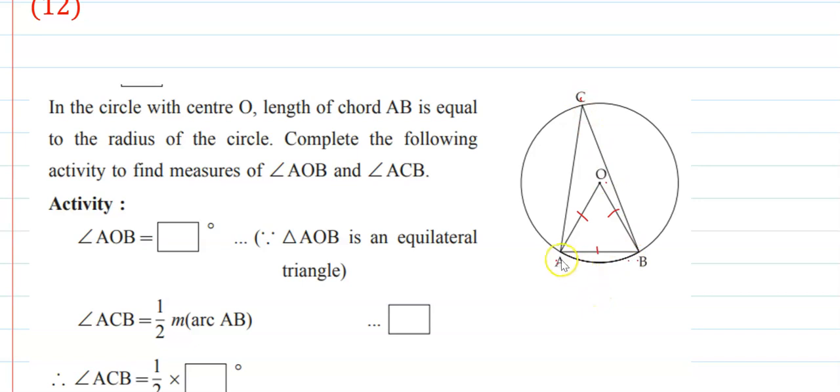Now the first, as all these three sides are equal, triangle AOB is an equilateral triangle, and the measure of each angle is 60. And therefore measure of angle AOB is equal to 60 degrees. Okay, since the triangle AOB is an equilateral triangle, angle ACB is equal to 1 upon 2 measure of arc AB.